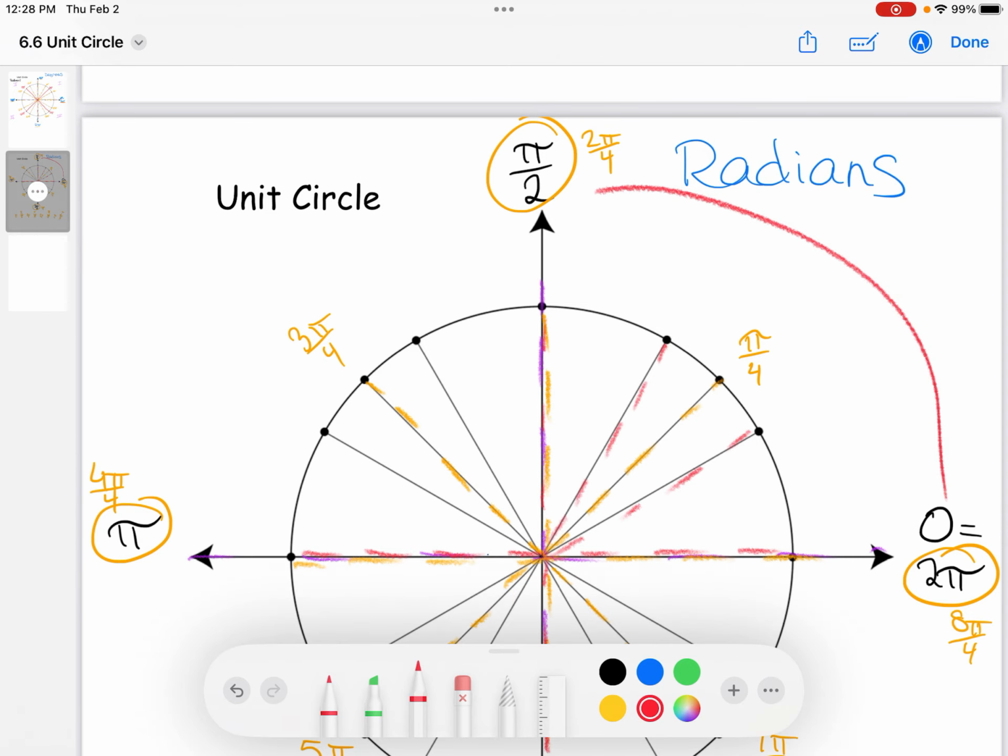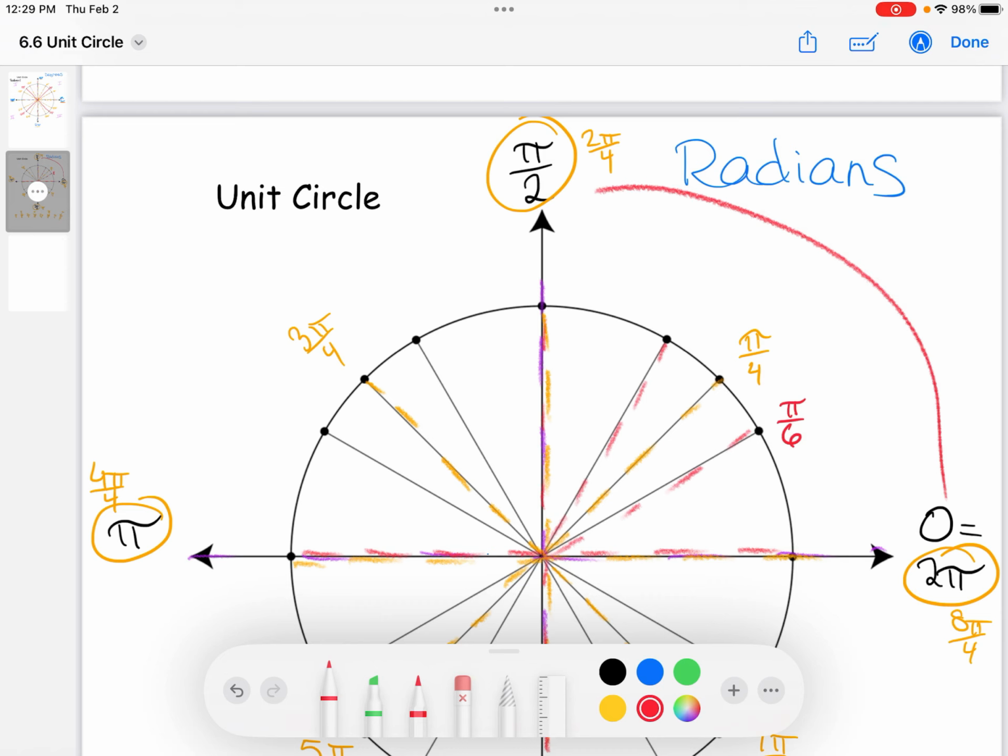From 0 to pi over 2. If we take half of pi and cut it into thirds, each of those pieces is 1 over 6. So this first spoke and all the spokes that represent 1/3 of a quadrant are going to be counted by pi over 6.